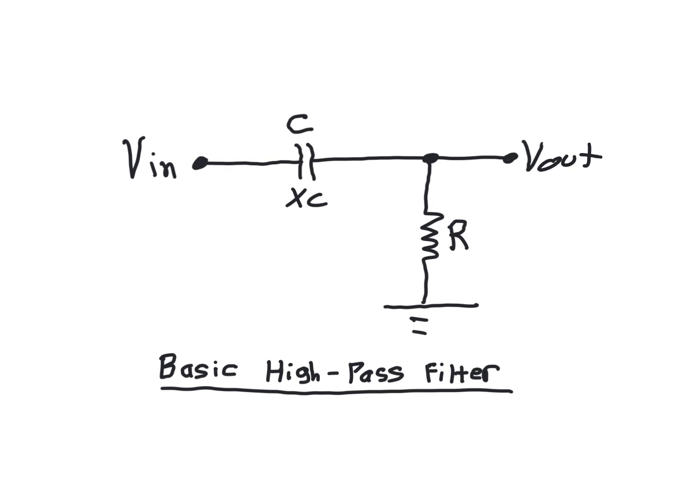As you know, the formula for XC is 1 divided by 2 pi fC. So if we raise the signal frequency, the reactance goes down. At lower frequencies, the reactance is sufficiently high as to effectively attenuate or block the signal from reaching the output. And at higher frequencies, the reactance is low enough that it passes the signal basically straight through.